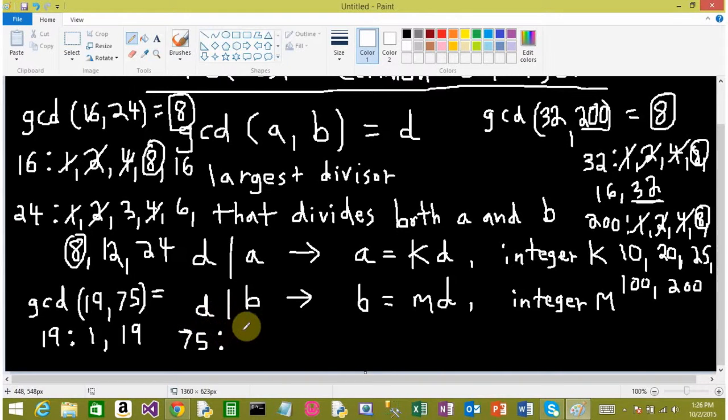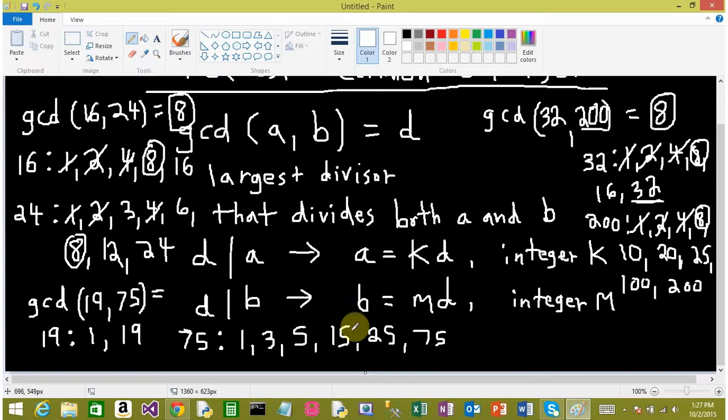So for 75, we got 1, not 2, 3 works, not 4, 5 works, 15 works, and then you have 25, and 75 would be the other one. So those are the divisors for 75.